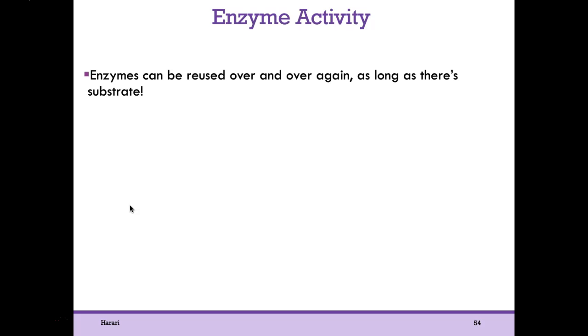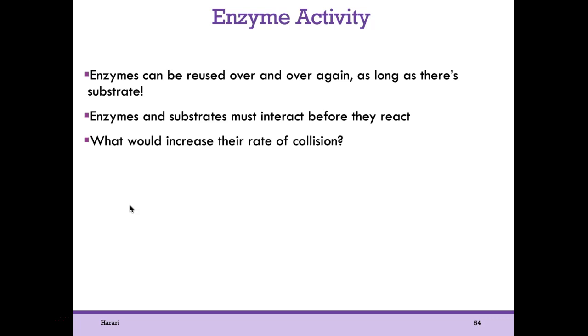So enzymes can be reused over and over and over again. Enzymes and substrate must interact before they react. So what could increase the likelihood of an enzyme bumping into a substrate? Pause here and try to think about what would increase the likelihood of an enzyme and a substrate interacting with each other. If you have more substrate, it's more likely that it will bump into an enzyme.